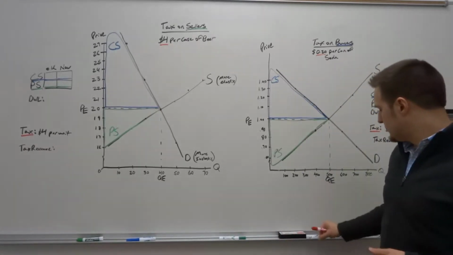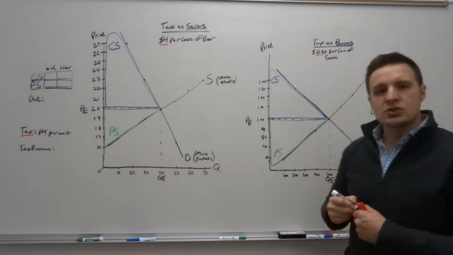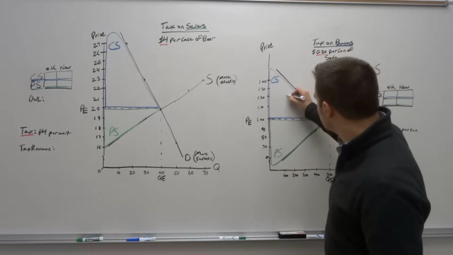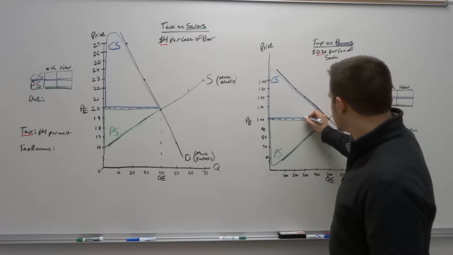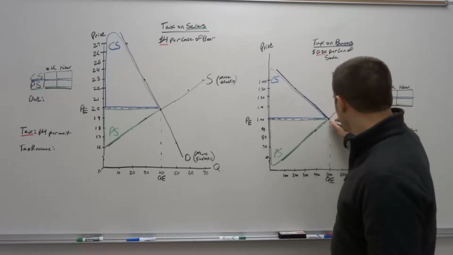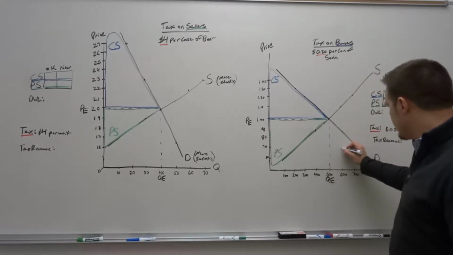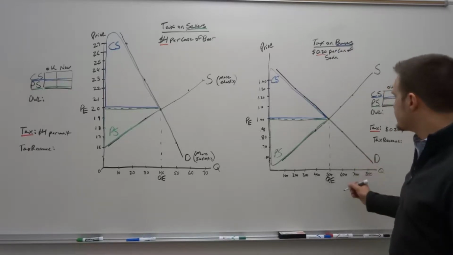This is going to appear to move the demand curve to the left, or it's going to look like it's going down at every point in the amount of 20 cents. So we can just draw a new demand curve. Notice I'm just dropping each point by about 20 cents.